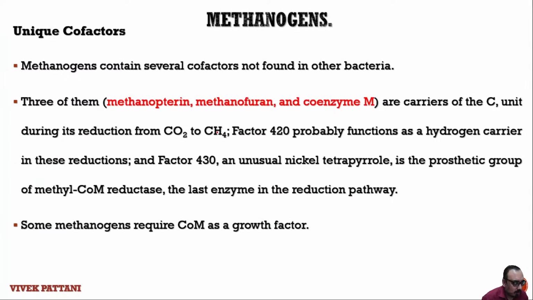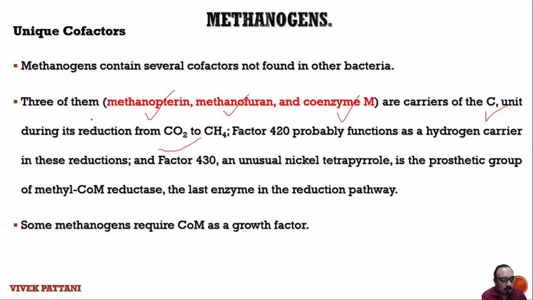Now moving forward with the unique factors identified so far in methanogens. Methanogens contain several cofactors not found in other bacteria, of which three are methanopterin, methanofuran and coenzyme M, the carriers of the carbon unit during the reduction of carbon dioxide to methane.